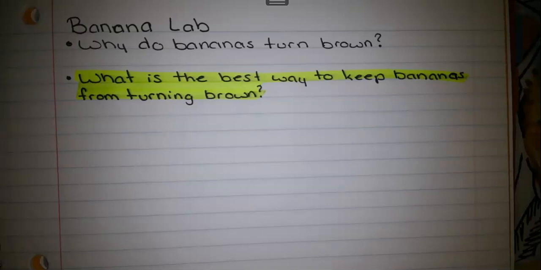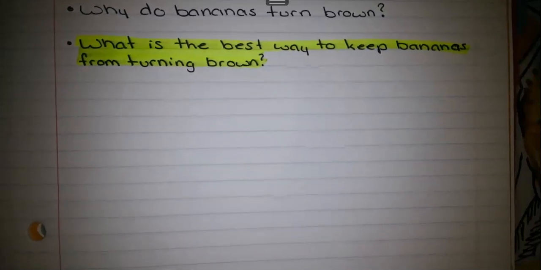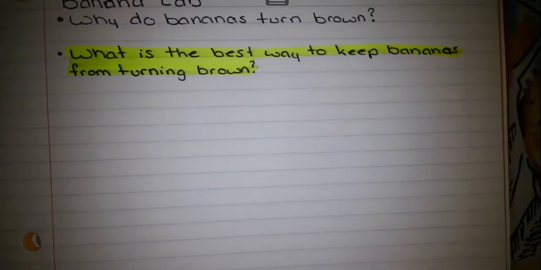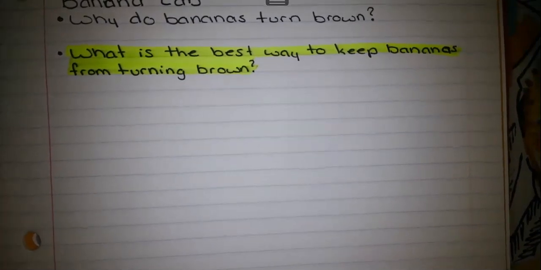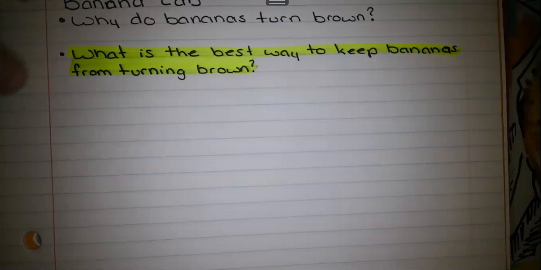You are going to get these 2 questions, and you are going to find 2 articles, 2 posts, that talk about why bananas turn brown and different methods of keeping bananas from turning brown.